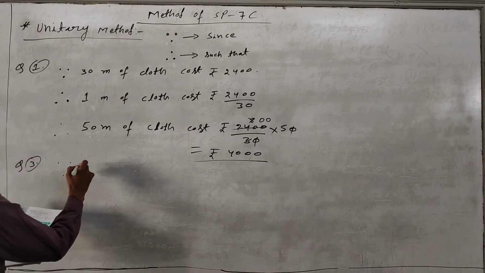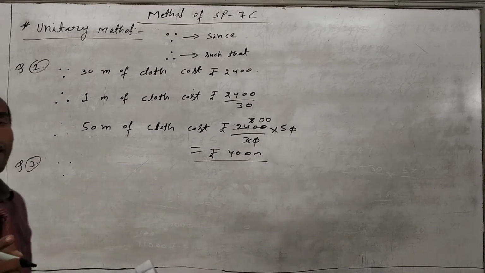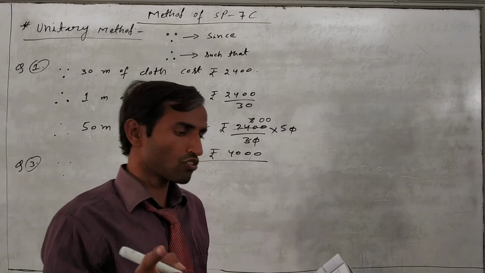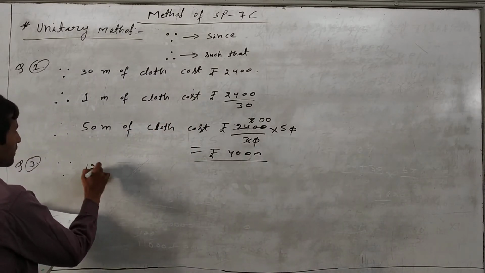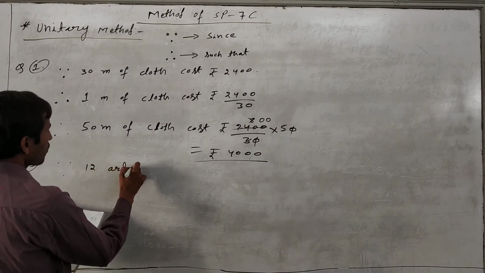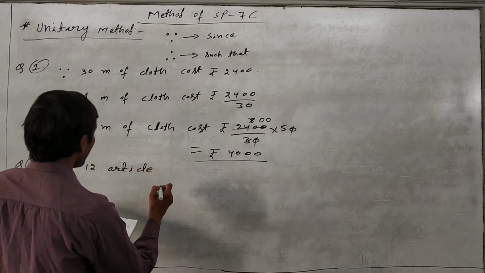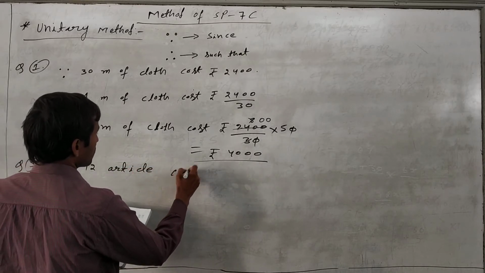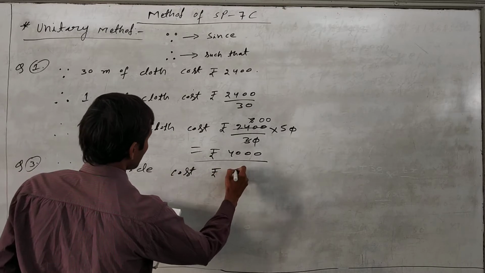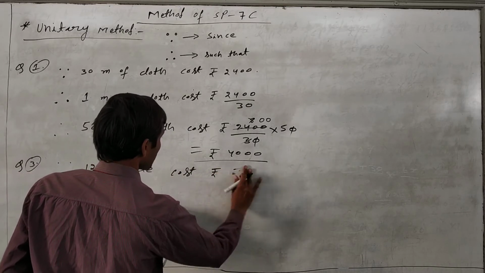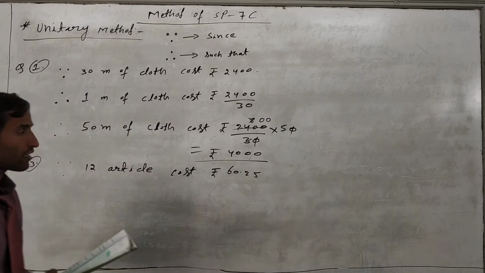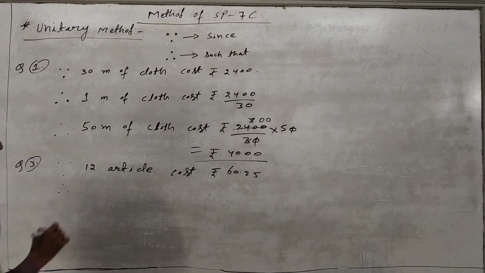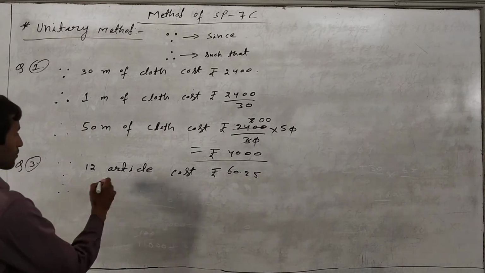Since a dozen means 12 articles, just write down like this: 12 articles cost rupees 60.25.